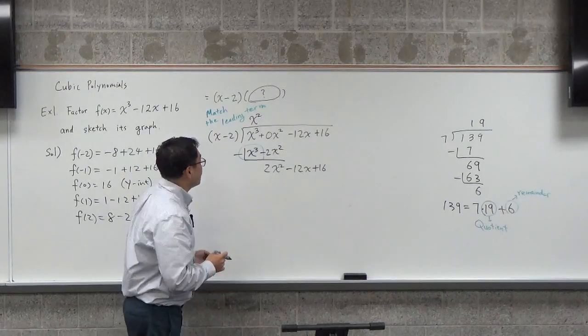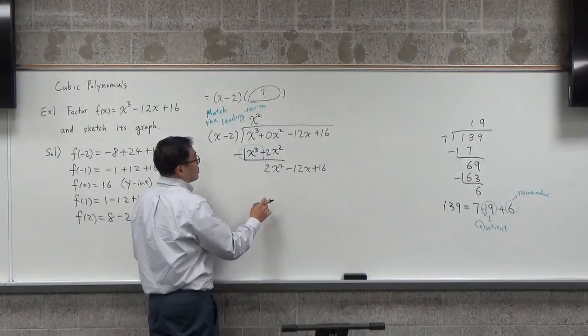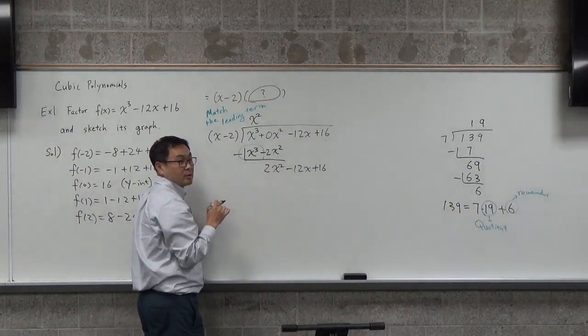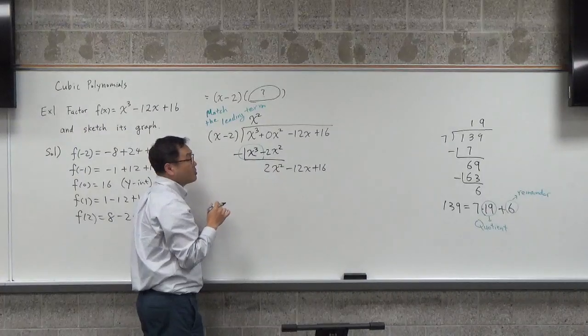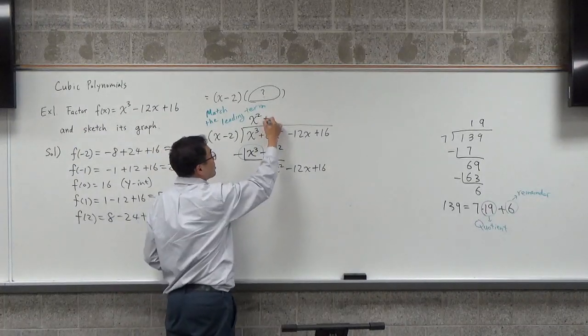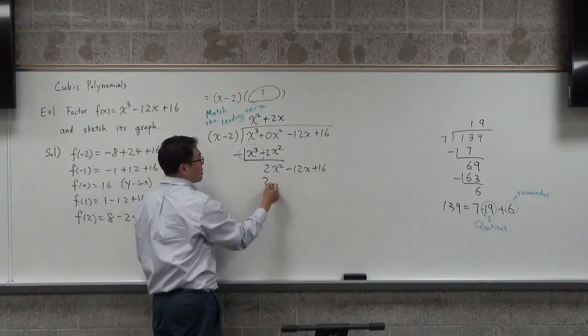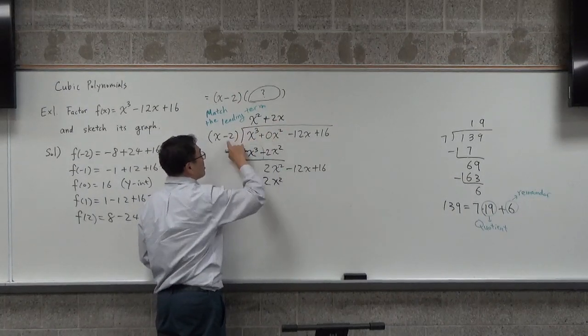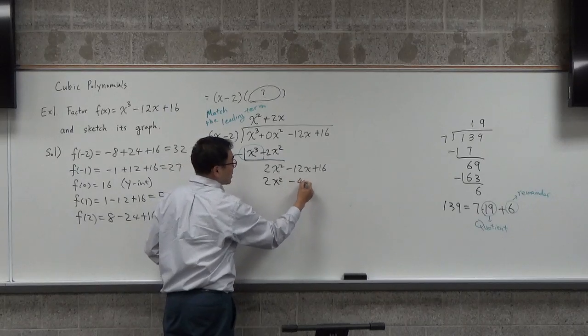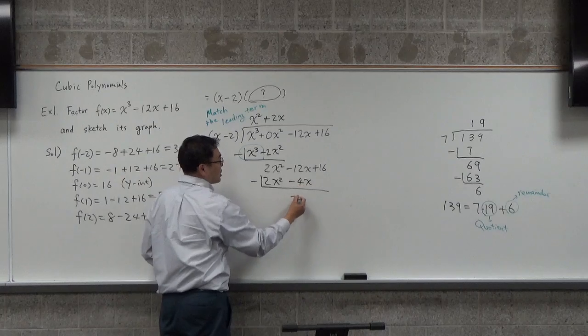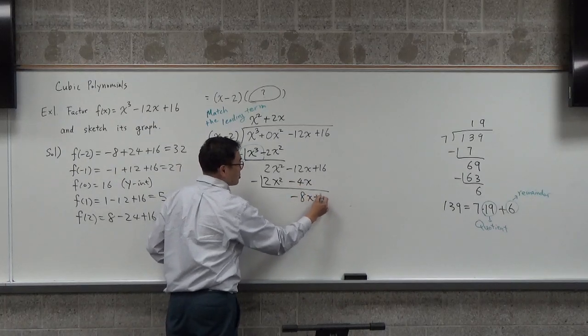Okay. All right. Now, what times x gives you 2x squared? 2x, right? So we put plus 2x, okay? And then 2x times x is 2x squared. 2x times negative 2 is negative 4x. Subtract. And that gives you negative 8x plus 16.